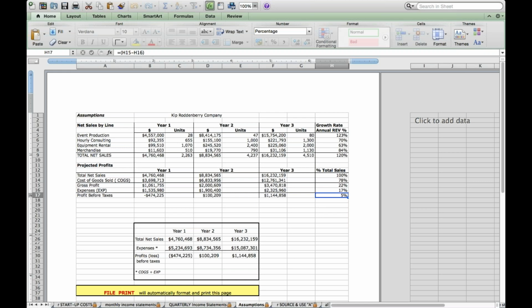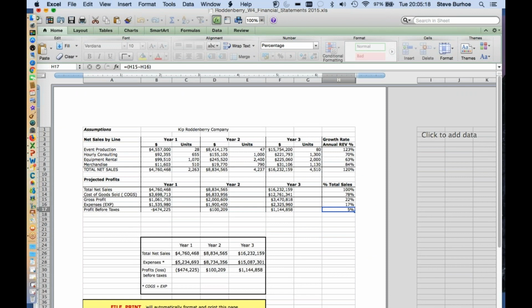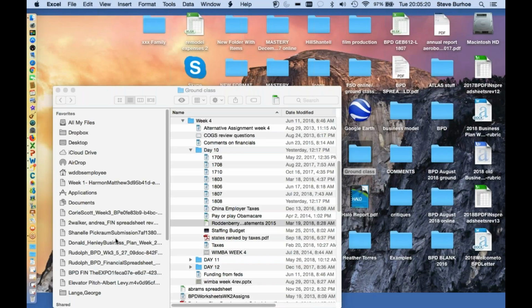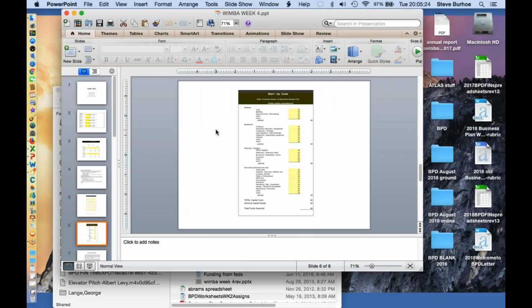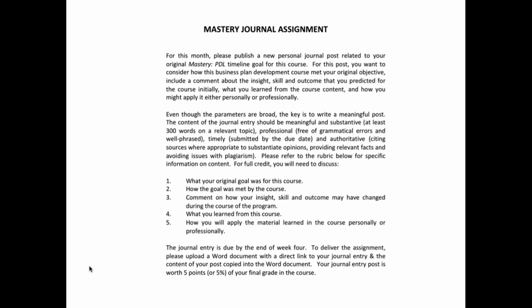Okay. The last thing is your mastery assignment. Let me get out of here. And let's see if it's still open. Yep. And in your mastery assignment, the key thing we're looking for is what you wrote as your goals in your mastery class.